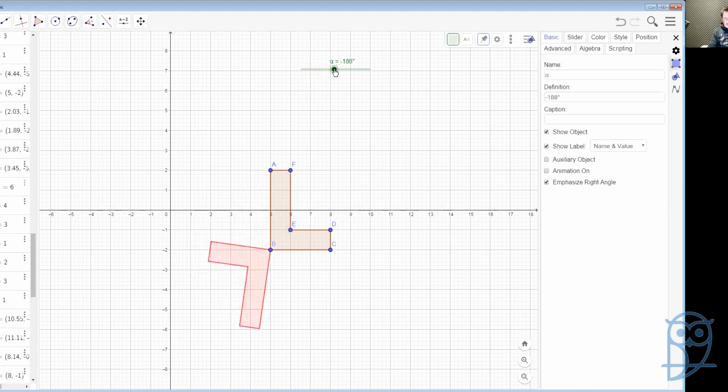Here's coming up your 180 degrees. There's your 180. We keep going around. We hit 270, or of course 90 degrees the other way. And then we keep going around and around. And we see that's exactly the same shape.